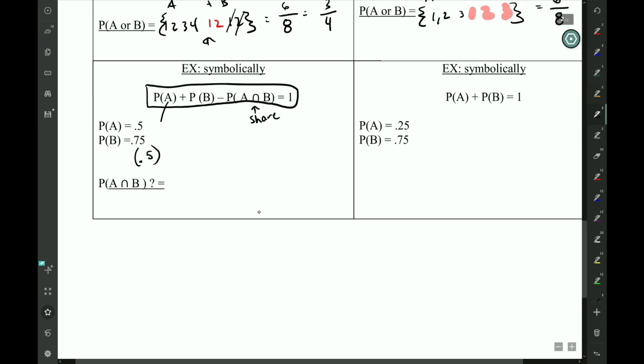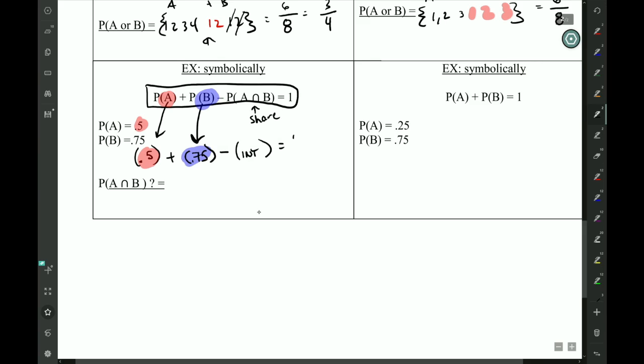So just using the formula, plus B, minus the intersection, so I'll just write intersection.